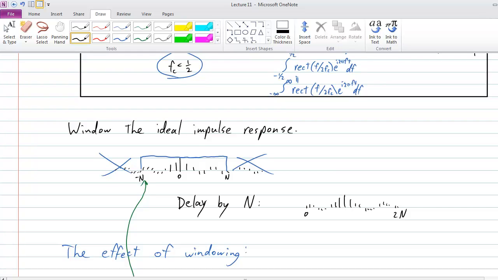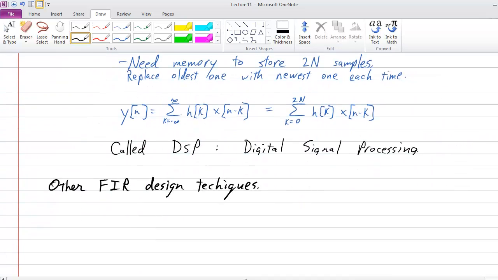Okay, there are other more direct approaches to designing. So you can directly optimize.